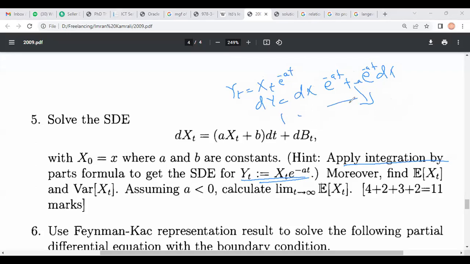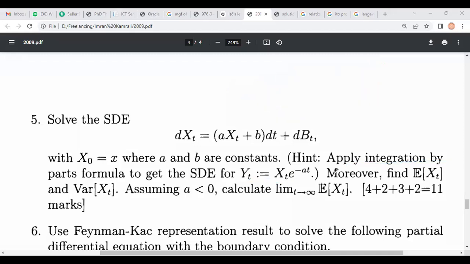Again integrating. But if your professor is not giving you the hint, then you just remember the procedure that we have done today for these linear equations. You can solve now any linear SDE by following the above procedure.